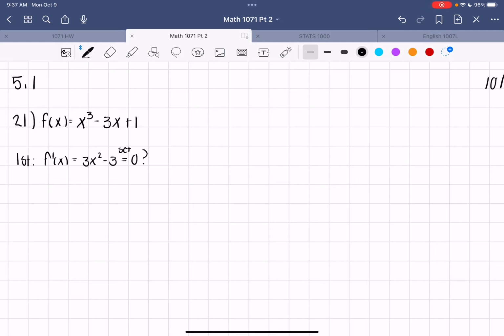Factoring is usually a good idea, but I know most of you would probably just move the 3 to the right, divide by 3, x squared equals 1. So there's nothing wrong with that. How do I want to write this? Let me take another piece of paper.